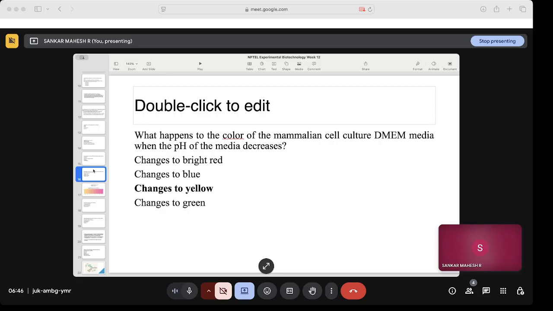But when will it become acidic? When will the pH of that DMEM media change to become acidic?